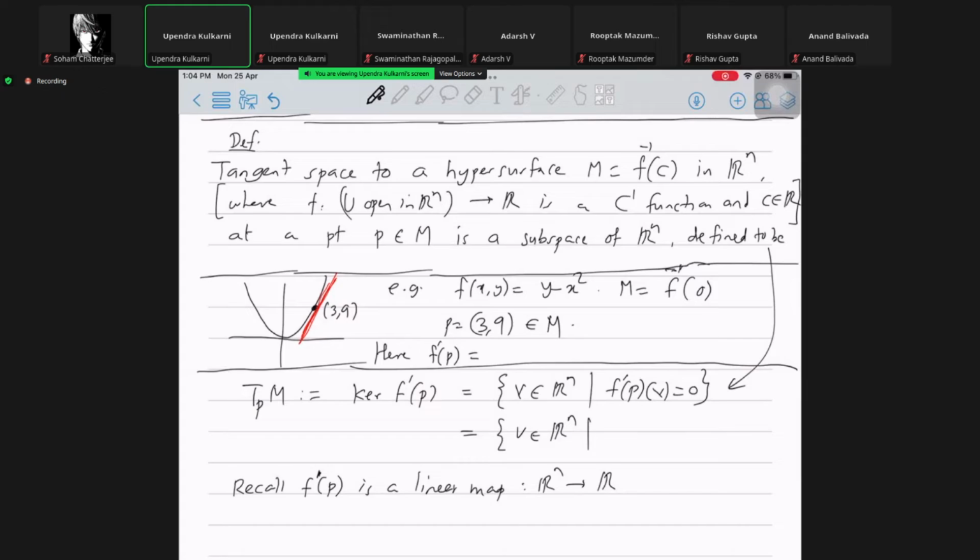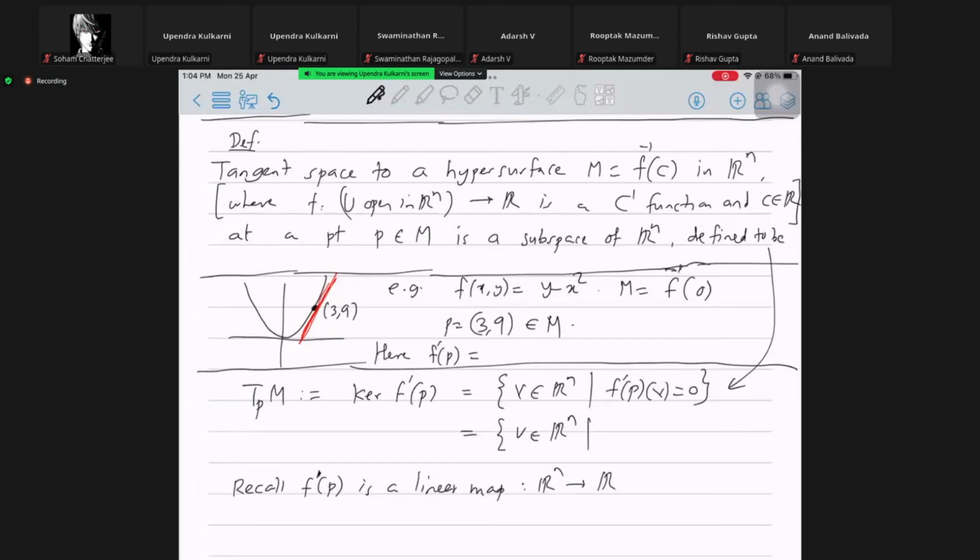But we should understand, abstract language is useful in extending our ideas, but then it should not become a burden. So what is the meaning? What does it mean to calculate F prime at any point? Remember, F prime is a linear map, in this case from R^2 to R. But a linear map is given by a matrix once I choose a basis. With respect to the standard basis, what are the matrix entries of the derivative as a linear map?